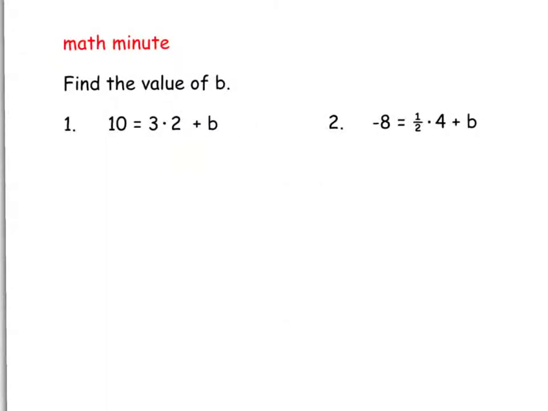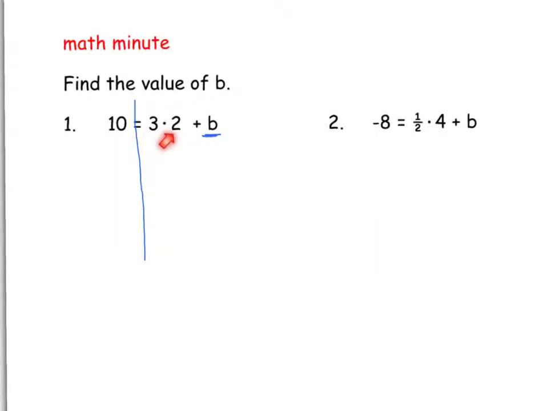All right, let's start with a little review of solving equations because this is going to help with what we're doing today quite a bit. So here's my variable. So we know that we're solving for that. So we start by drawing a line through the equal sign all the way down. Now it says that 3 times 2 plus b equals 10.